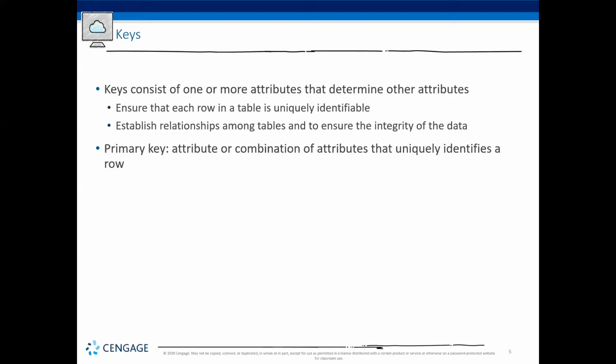We can have keys that are not unique, but we still need that unique key to identify each row. We can use our keys then to establish relationships among the tables. That unique key is usually called our primary key. So our primary key is the one that uniquely identifies this individual row, this individual student.